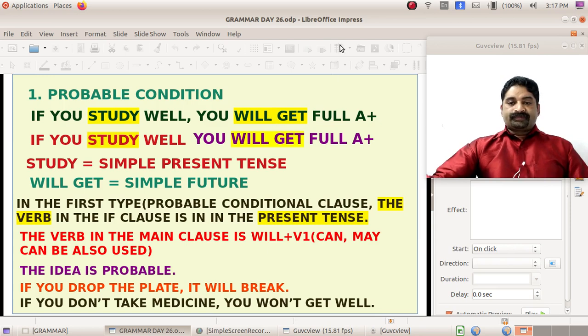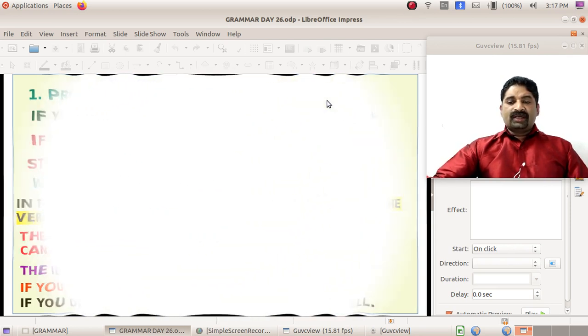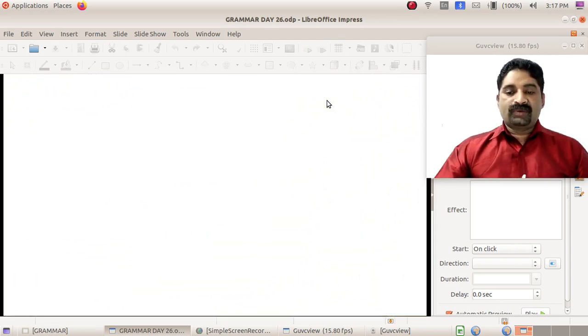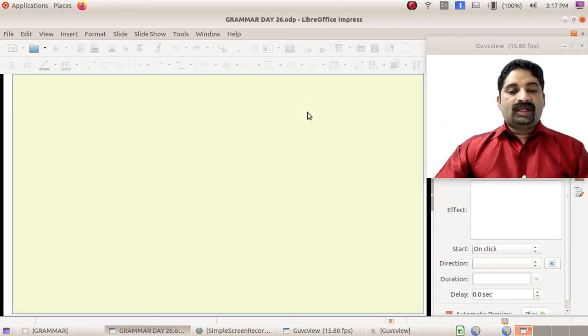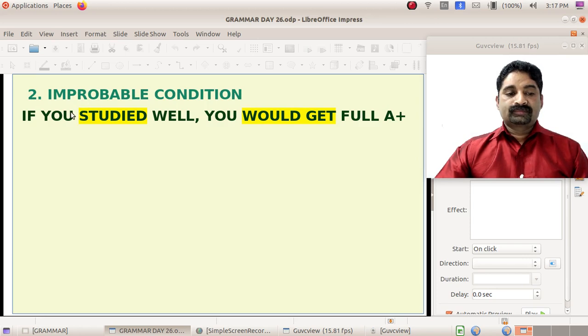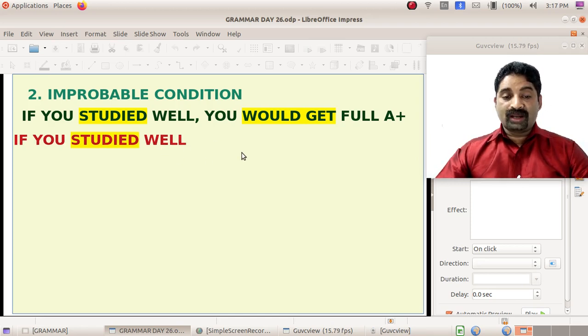Okay. Let us move to the next one, that is what we call improbable condition. That is the second one. You remember the sentence, if you studied well, you would get full A plus. Not the if clause. If you studied well, there are two parts. If you studied well, you would get full A plus. Just note the tenses.